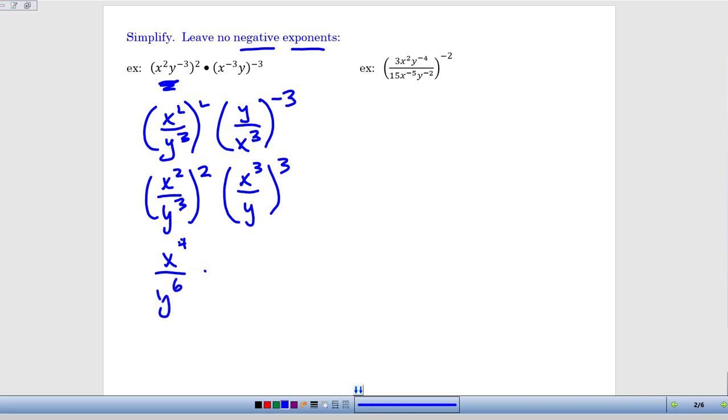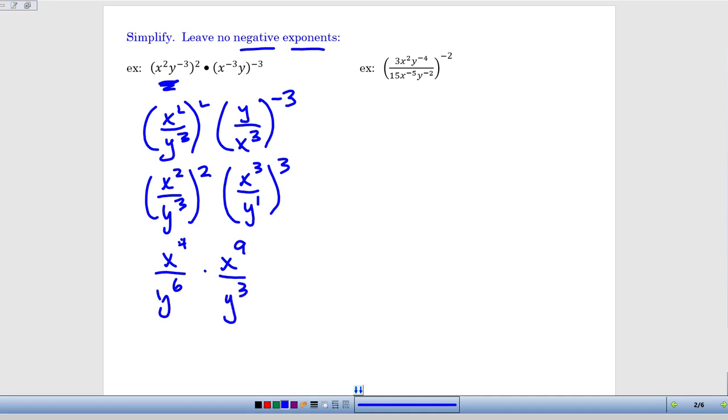And then I'm going to multiply that times the second fraction, which is going to become x to the 9th. 3 times 3, raising that exponent to its own exponent, gives us x to the 9th over, and then again, remember that's y to the 1st, so 1 times 3 gives us y to the 3rd.